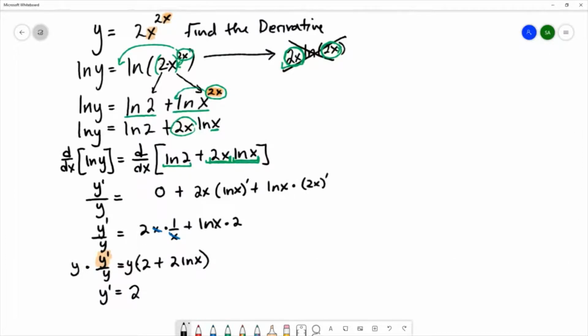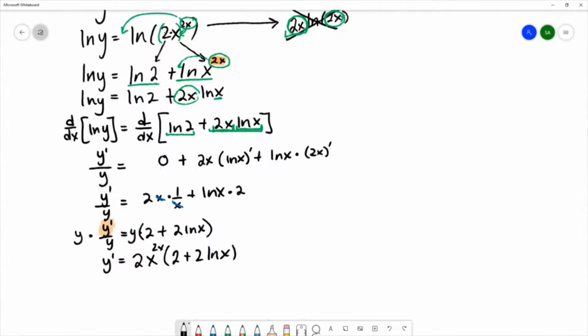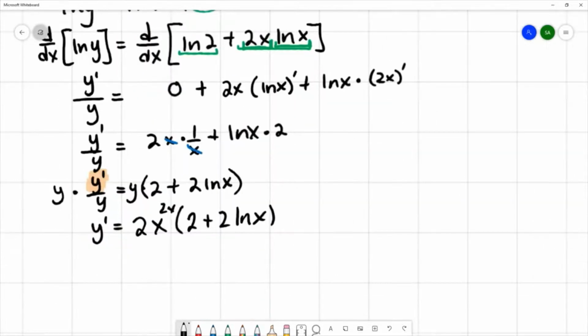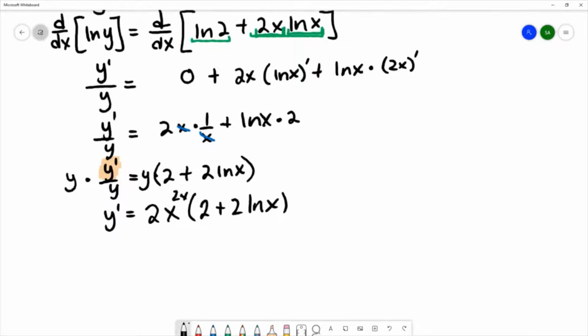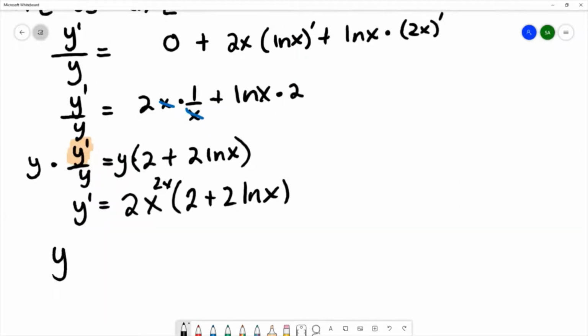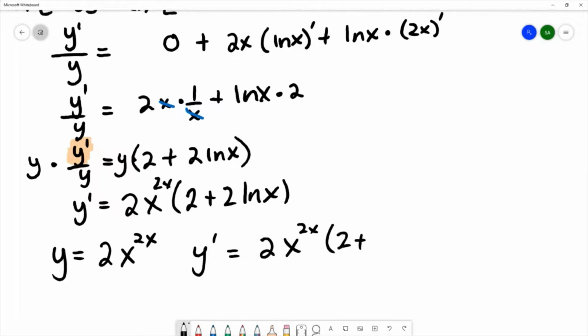That's 2 times x to the 2x times our 2 plus 2 natural log x. So we now have the derivative of our function.